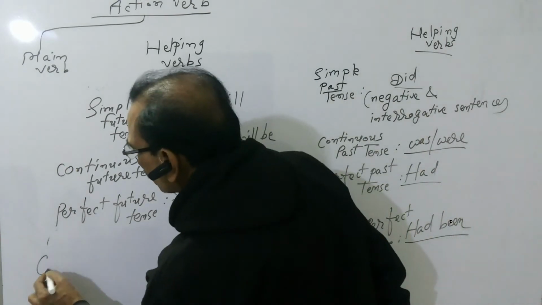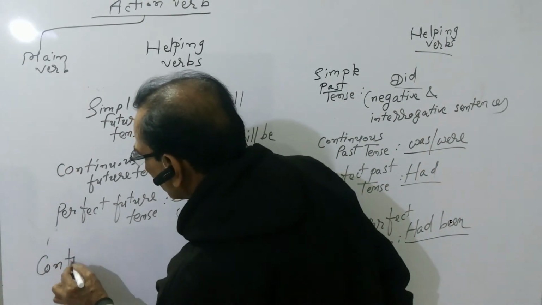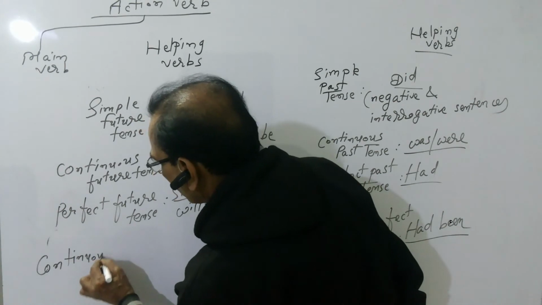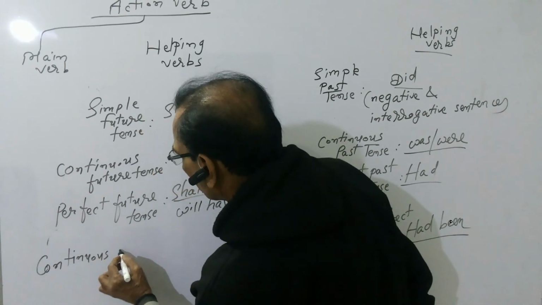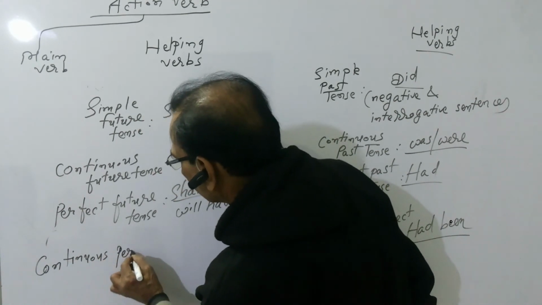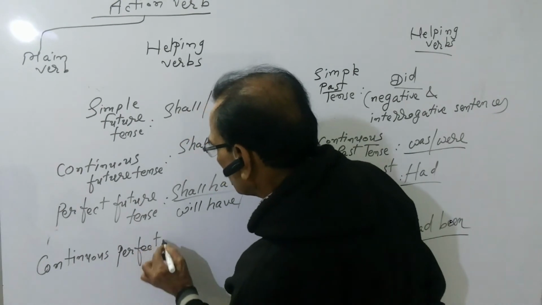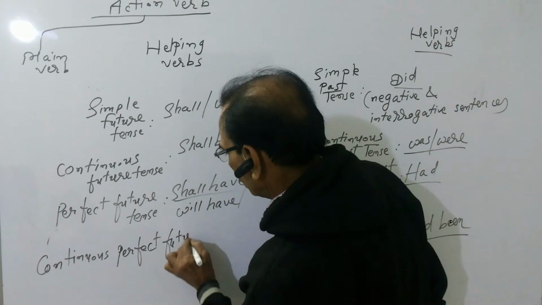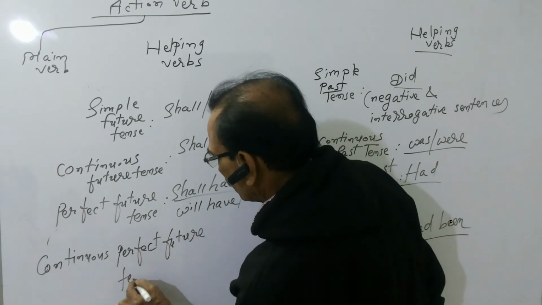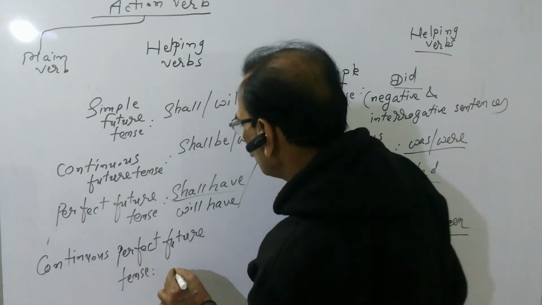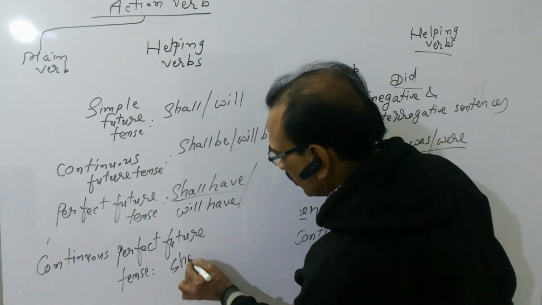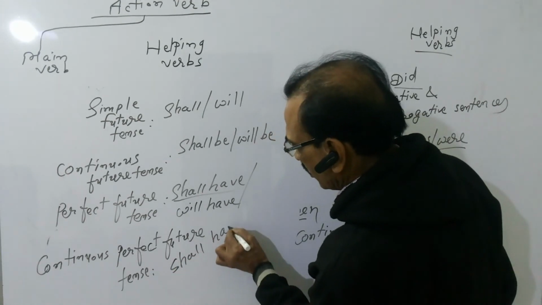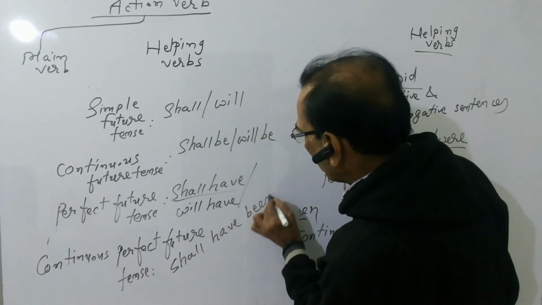And in continuous perfect future tense, we use shall have been or will have been.